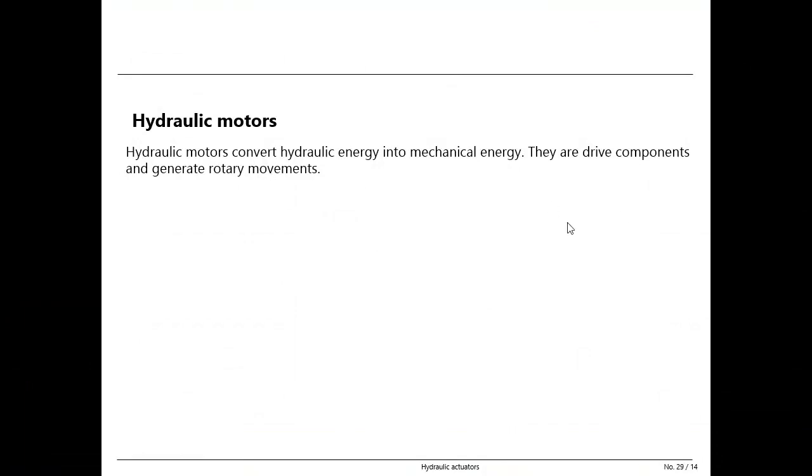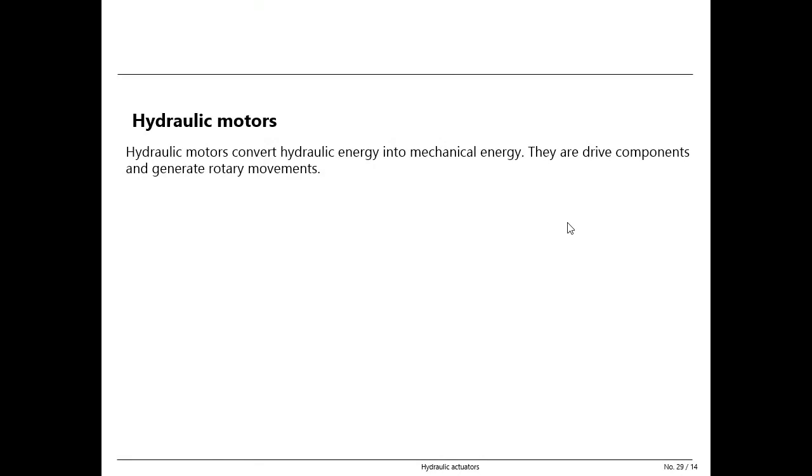As we explained at the beginning, in machines we have linear motion, rotary motion, and semi-rotary motion. In all of them, we need to do the work.